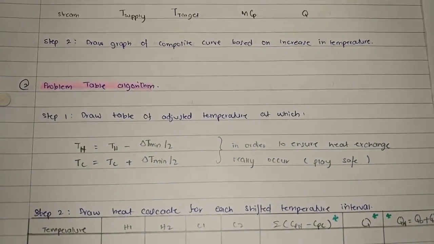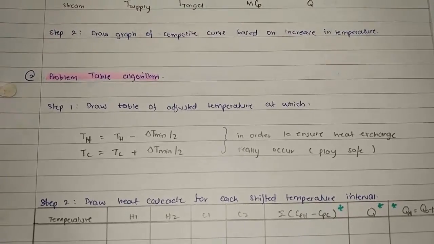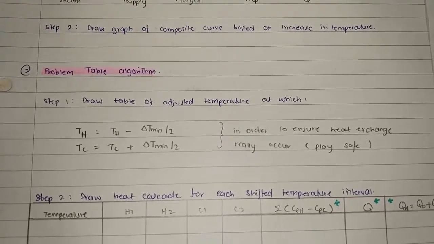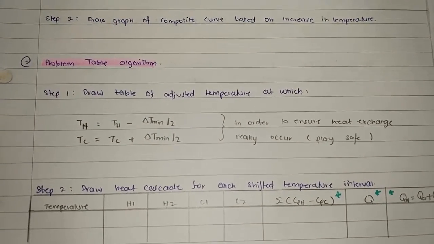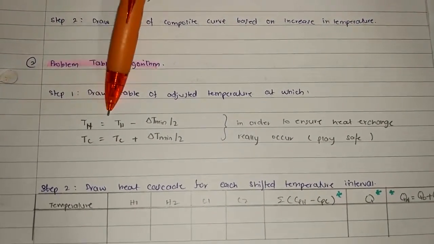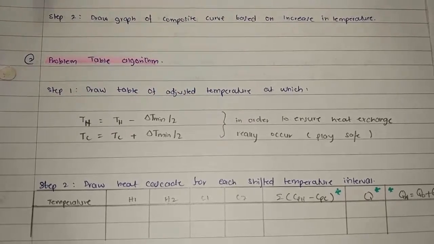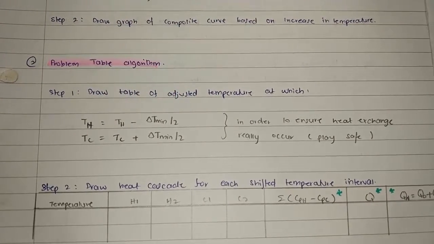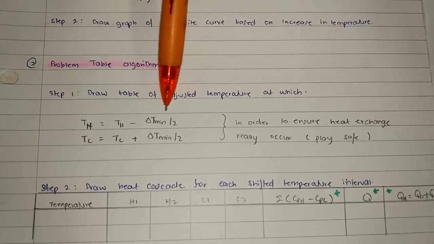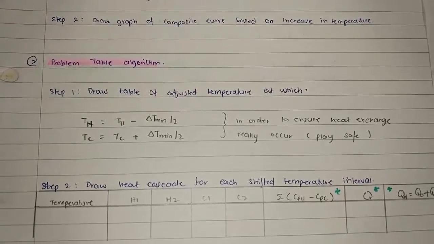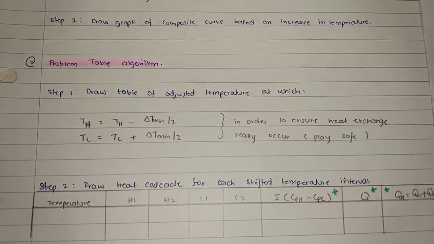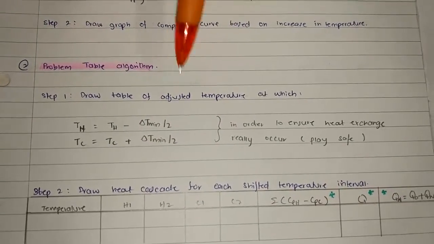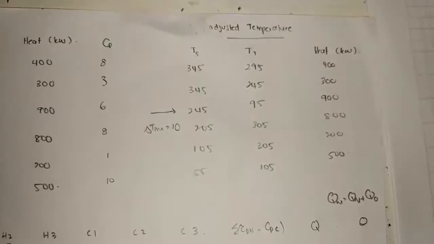For the problem table algorithm, there are 2 main equations that need to be known. The new TH is the hot temperature minus delta T min divided by 2, while the new TC is TC plus delta T min divided by 2. So these are the steps taken.